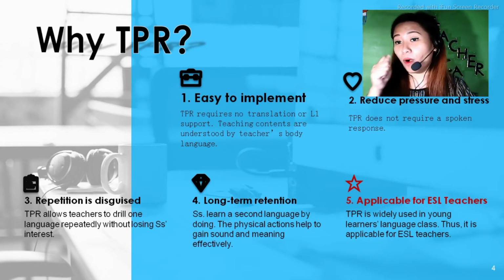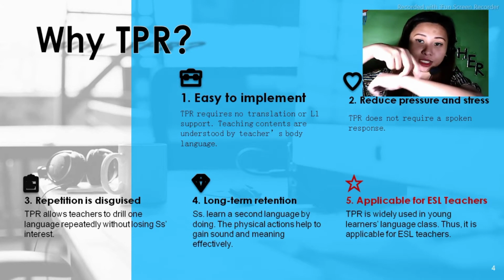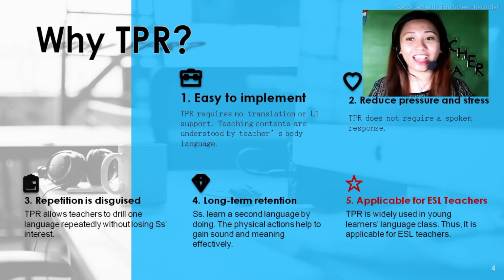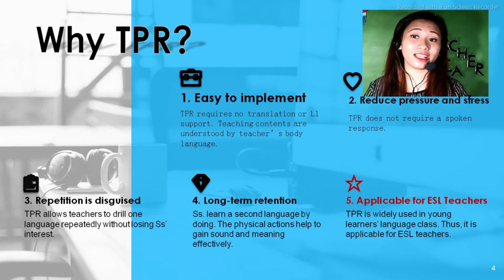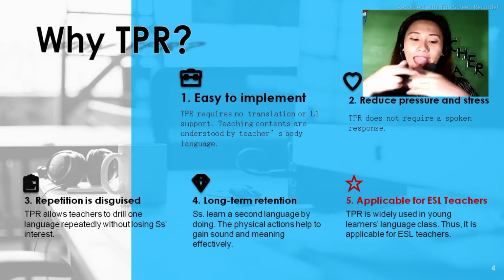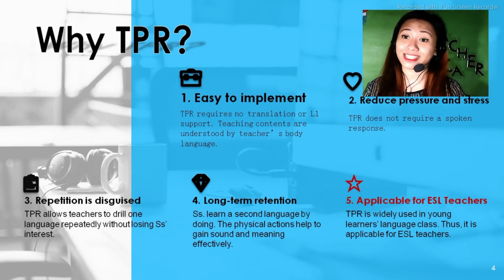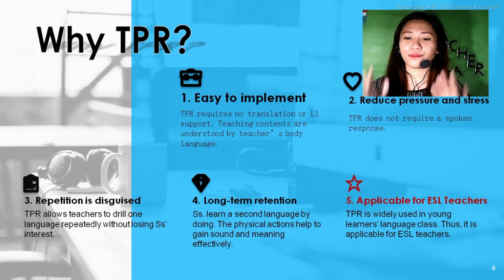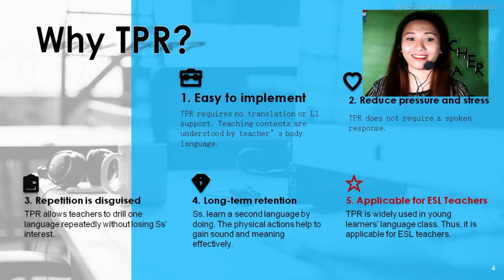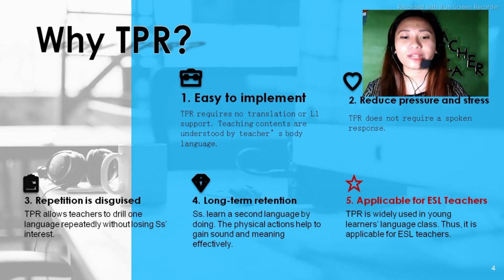Since you cannot walk, you can just do a finger walking. So your student can understand it easily, and you can drill it repeatedly. You can act, and the student will say, or the student will act, and you can say the word, like that. For example, sleeping. That is another drill.